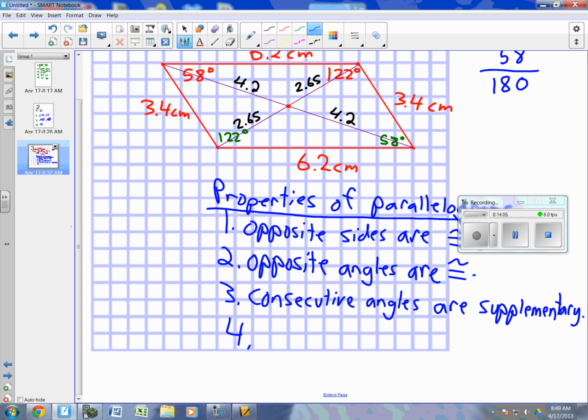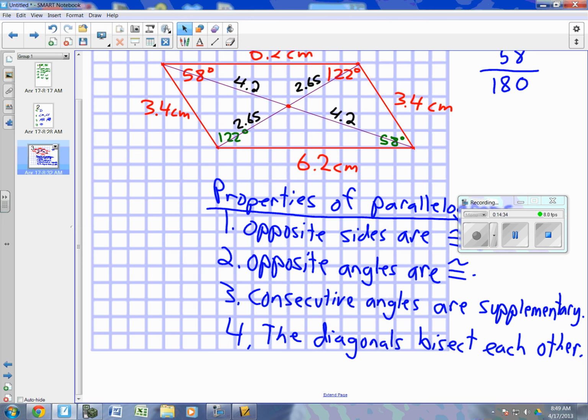Doesn't really start with an M. When we cut two things in congruent halves, what do we call them? We say bisect, okay? The diagonals bisect each other. That's the fourth thing.